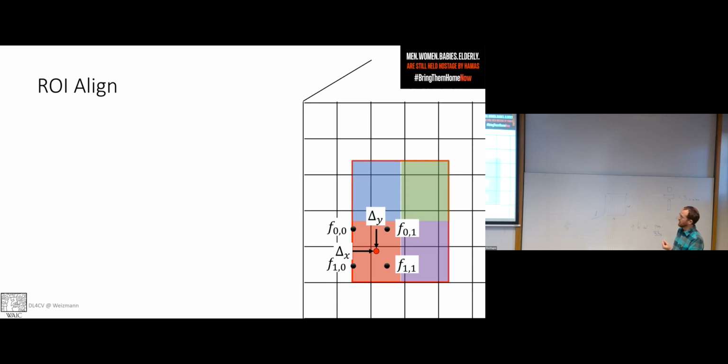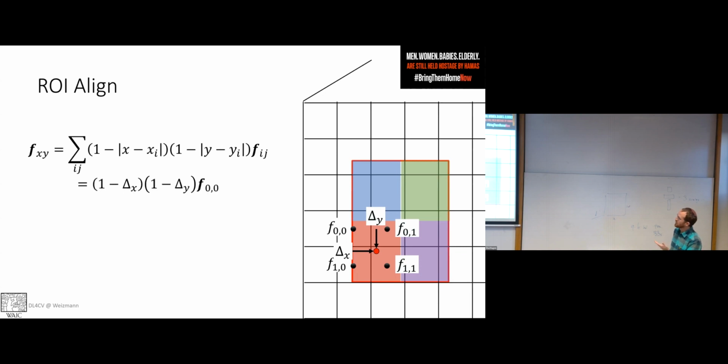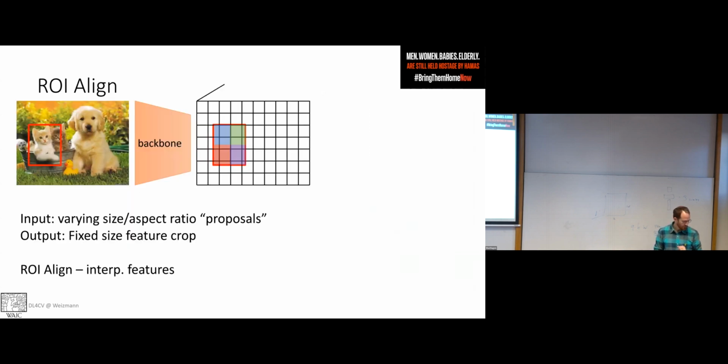We have distance in X and Y, which is a subgrid distance in the grid of features, and we take a sum over the corners based on their distance from the point that we want to extract. So this is just bilinear interpolation. Okay. So this is aligning features.